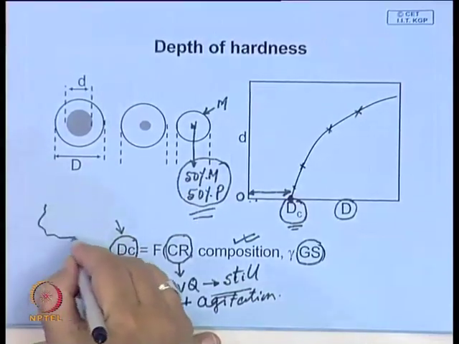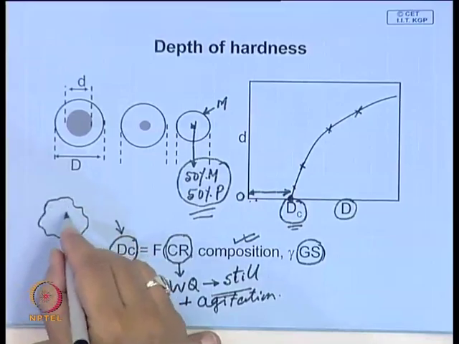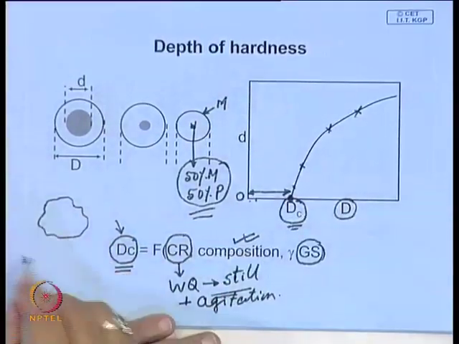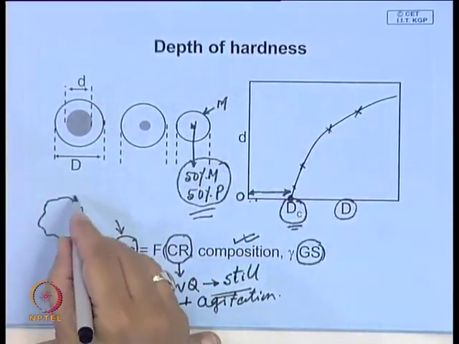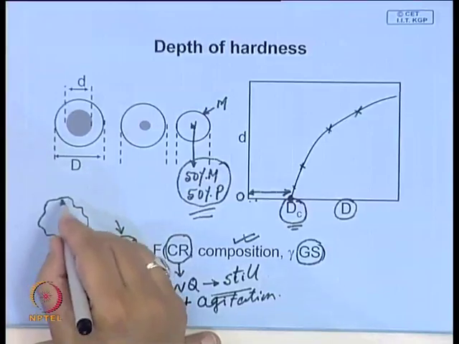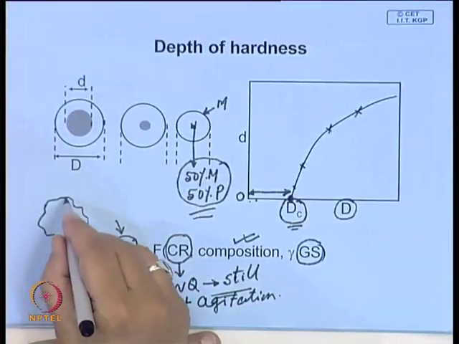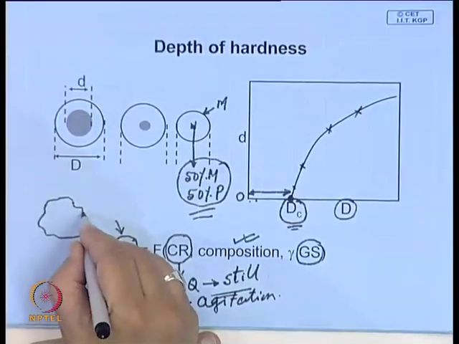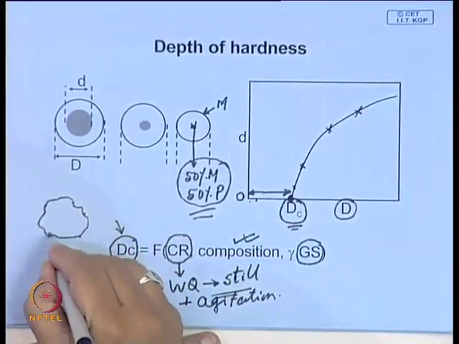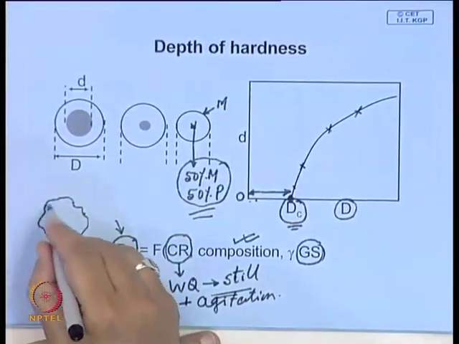If you have large grains of austenite, then to harden you have to suppress the diffusion controlled transformation. If you have a coarse austenite grain, the sites where pearlite nodules can form are limited; they can form only here.